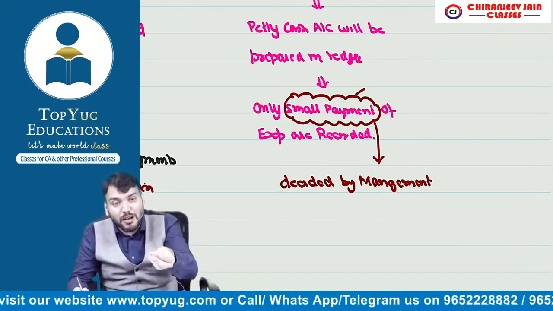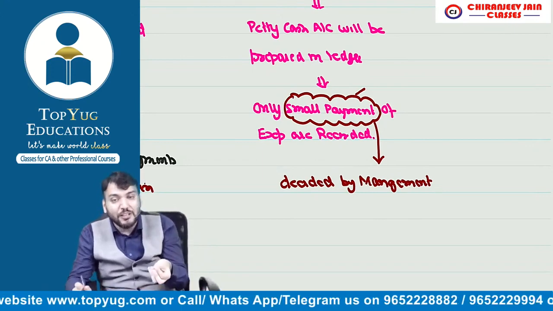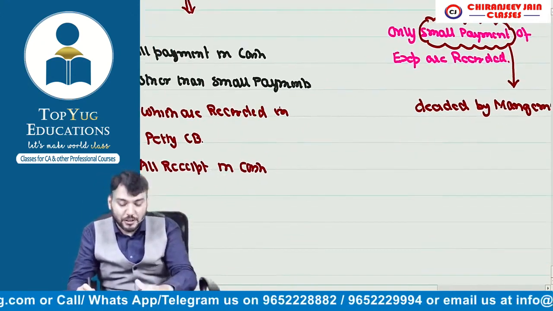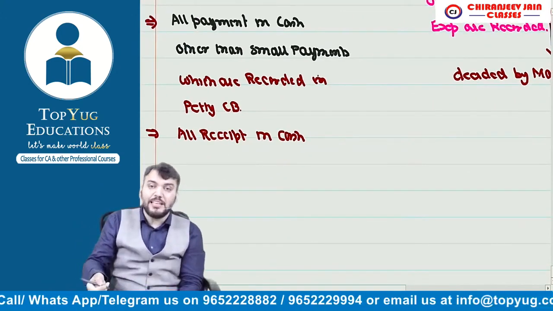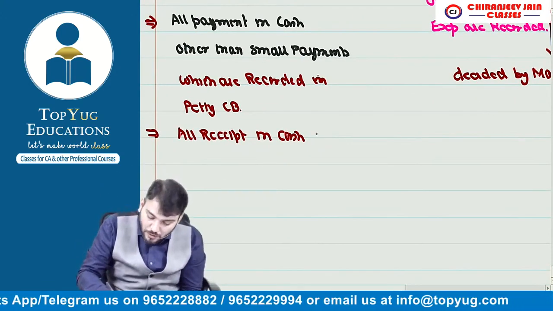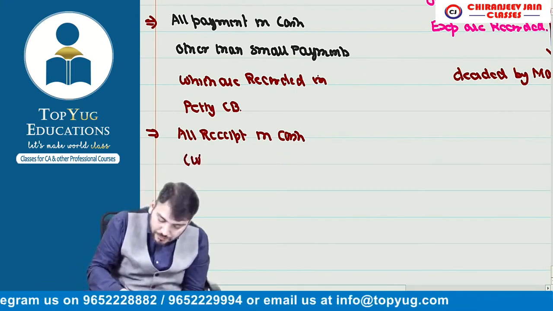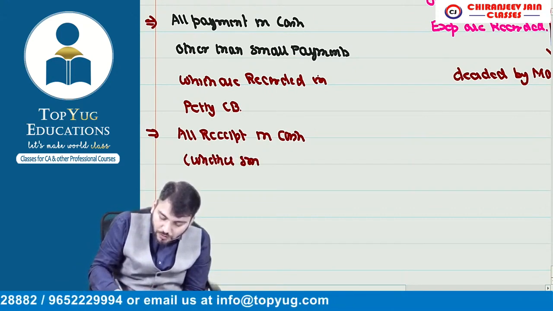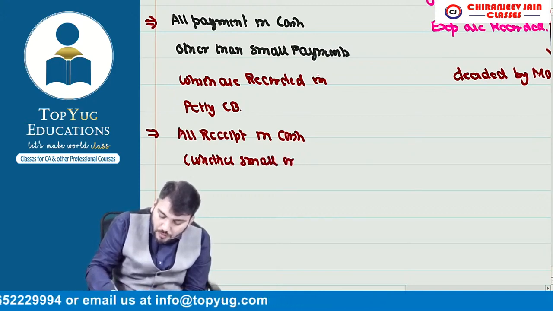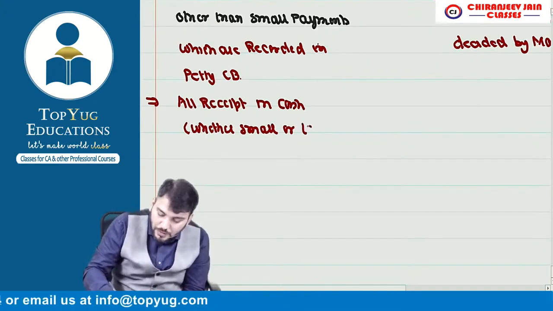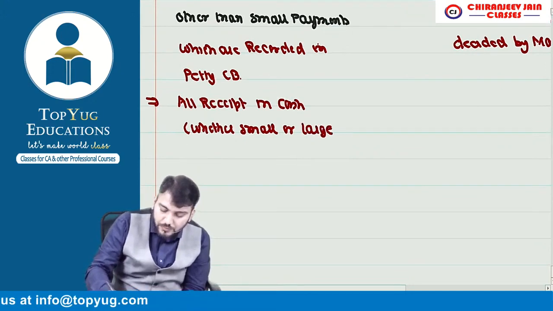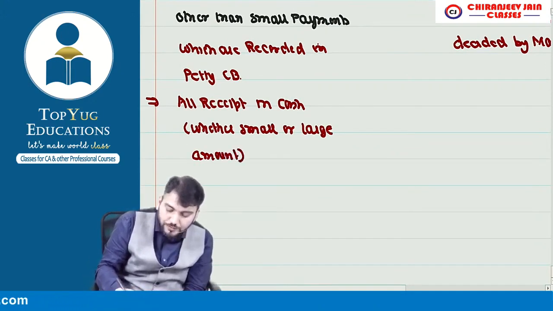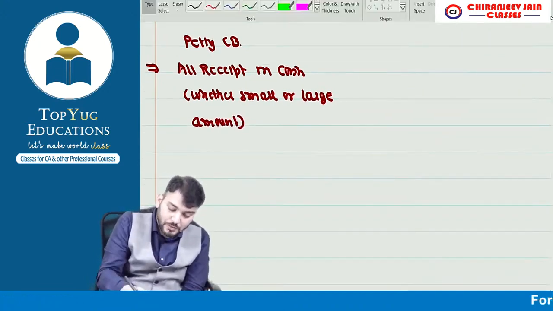Suppose I have received 10 rupees, it is not recorded in the petty cash book. The receipt will be in the cash book only, correct? Are you getting it? So all receipts in cash, whether small or large amount, understood, correct.